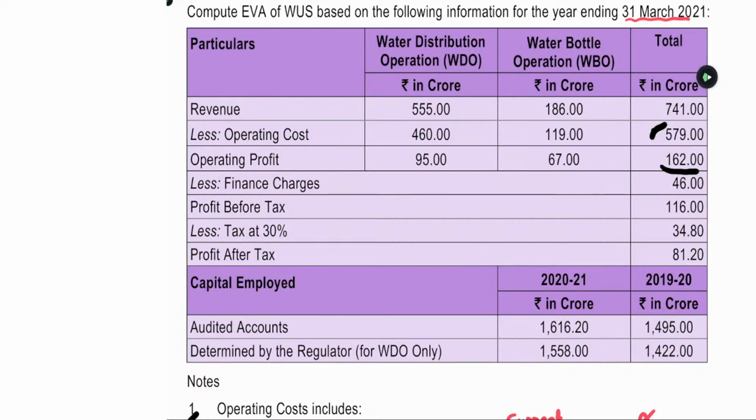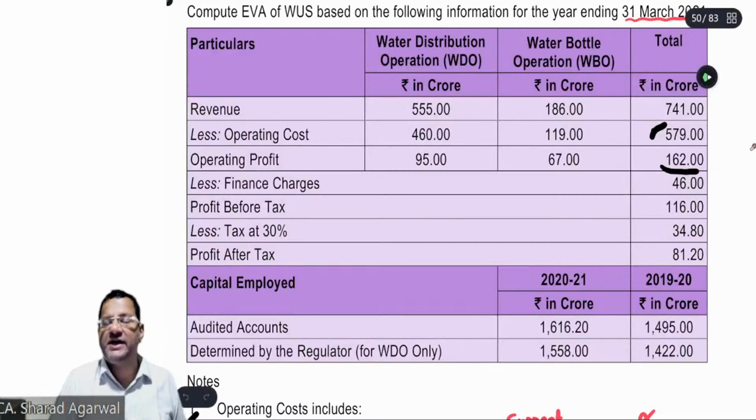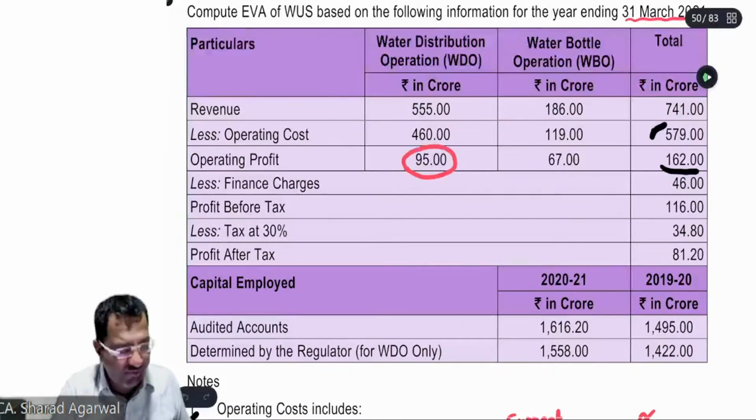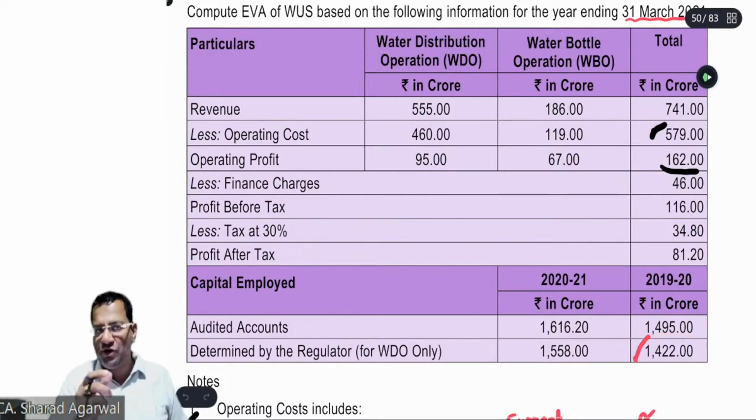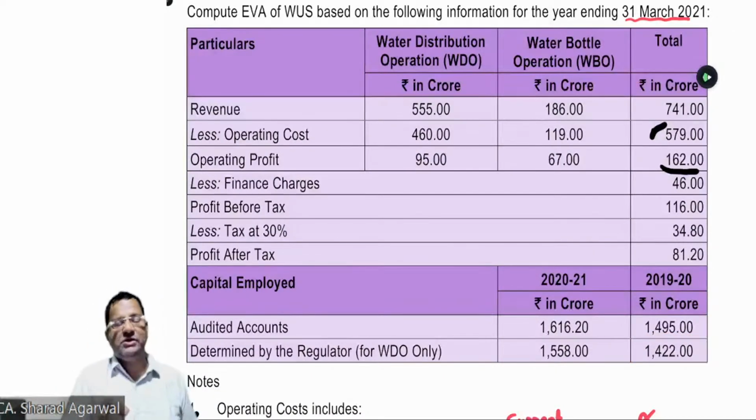ओके बेटा, it's very simple calculation. तो देखिए, आपको सिर्फ और सिर्फ कौन से बिजनेस का निकालना है, water distribution operation which is regulated by the government. सो हाउ मच प्रॉफिट यू अर्न, 95 करोड़, and what is the capital, it's 1422 करोड़। Now यहाँ पे एक सब्जेक्टिव मैटर है बेटा, nowhere in the question the water regulatory authority specify whether they will take the opening capital or the closing capital.